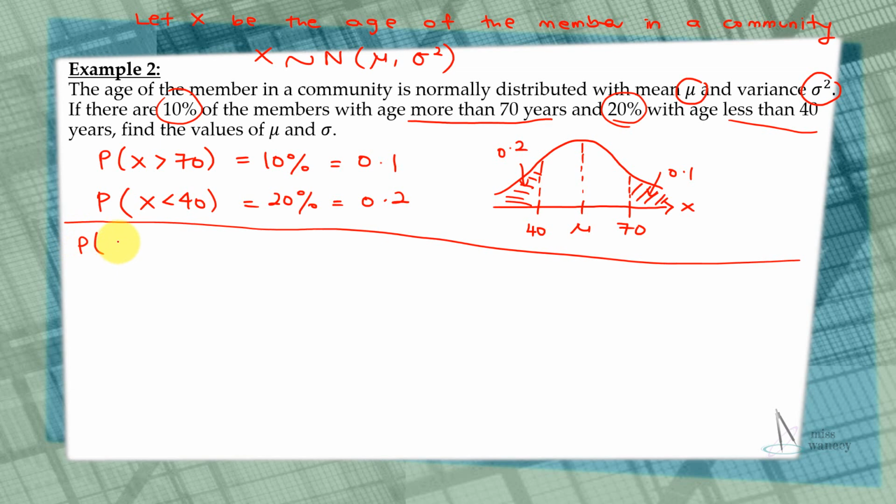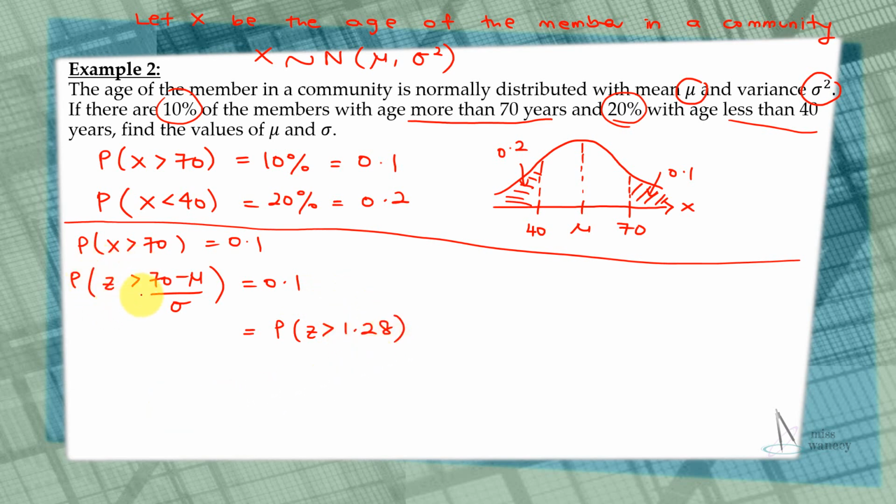The probability for x greater than 70 is 0.1. Standardize: the probability of z greater than (70 minus mu) over sigma is equal to 0.1. Based on our table, look for the value such that the probability is nearest 0.1, so this is 1.28.